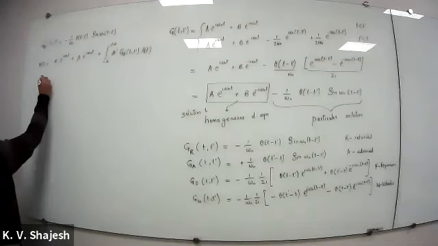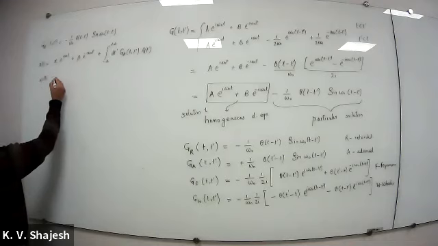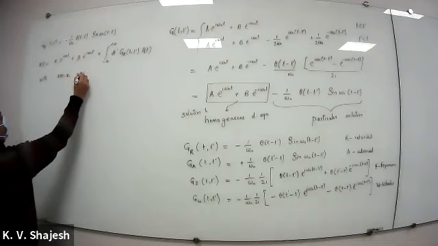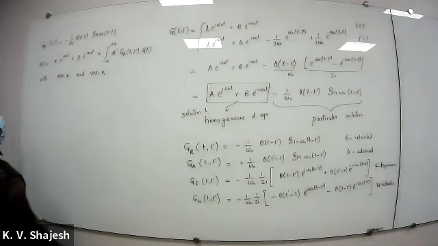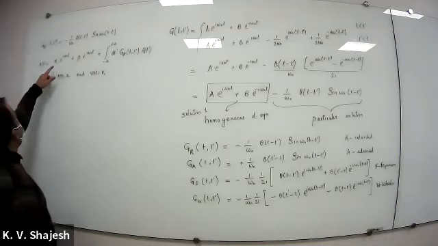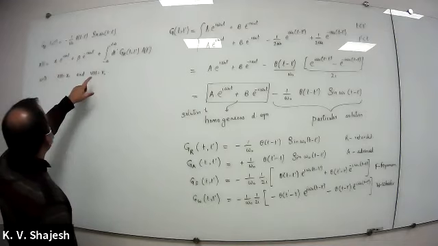With initial conditions, this is our summary, if you want, with x of 0 equal to x naught and v of 0 equal to v naught. So that's your summary. We still have to find alpha and beta in terms of this.